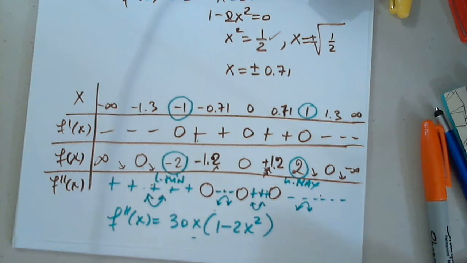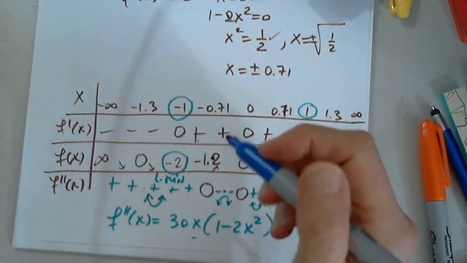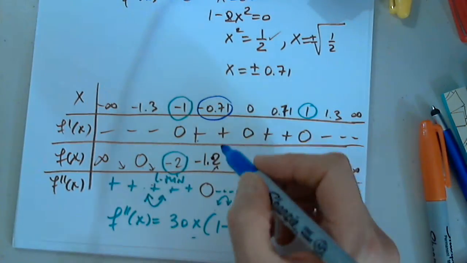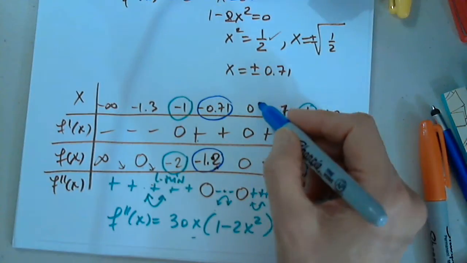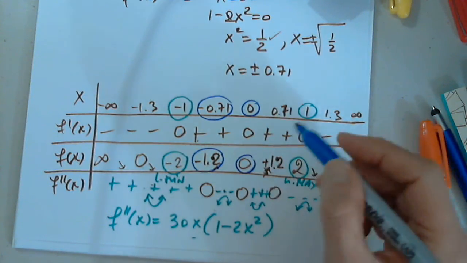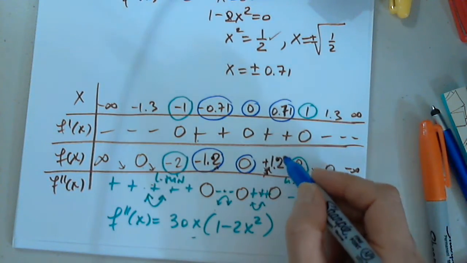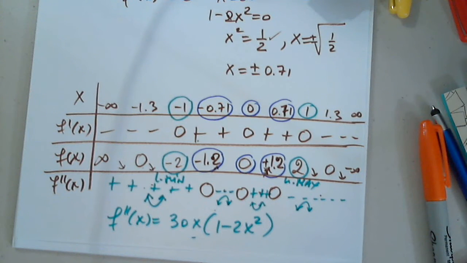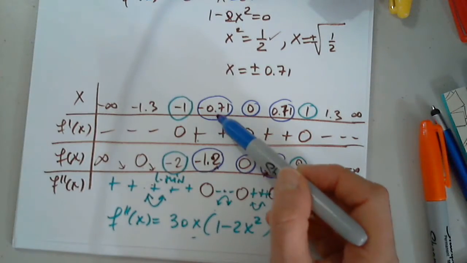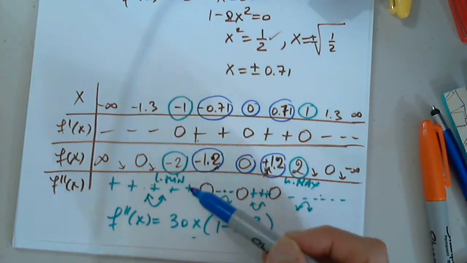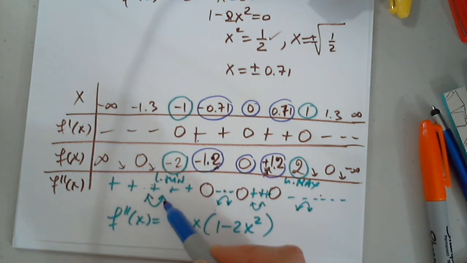Now, final question before we graph. What type of point is this, this, and this? The reason for my question is to look at the second derivative. It changes sign. At this point, this must be an inflection point. From the function opening up, all of a sudden it will open down.